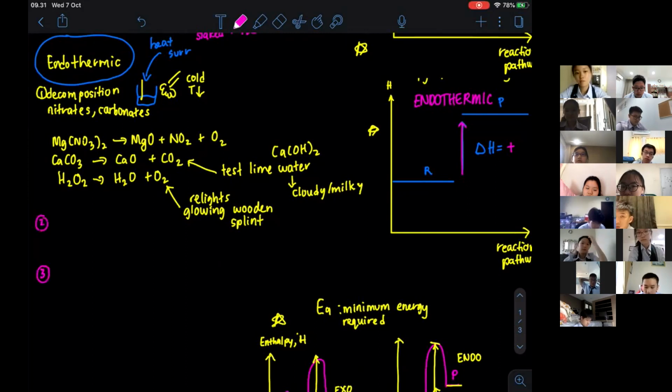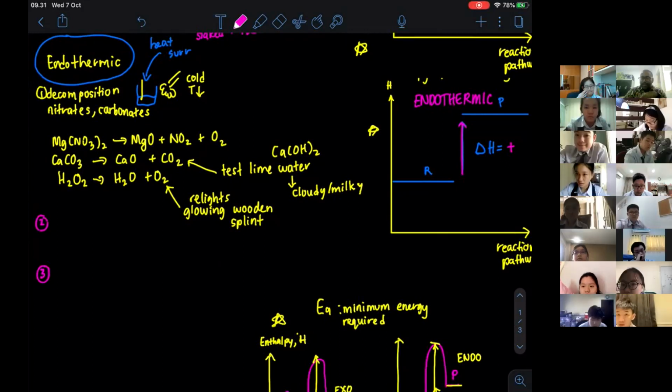Can you give me two more examples related to endothermic reactions? Maybe Kendrew. Give me one example related to endothermic reactions. I have actually given one, decomposition of nitrates and carbonates.